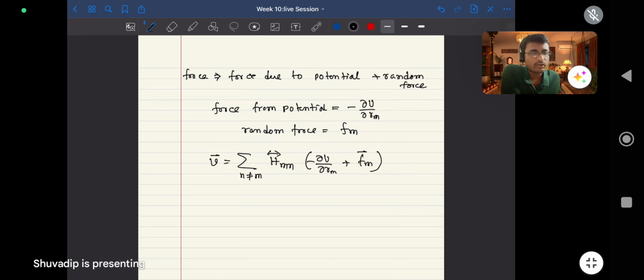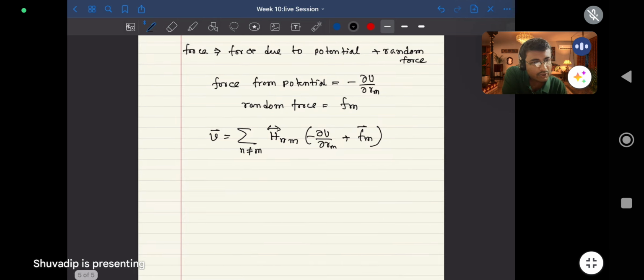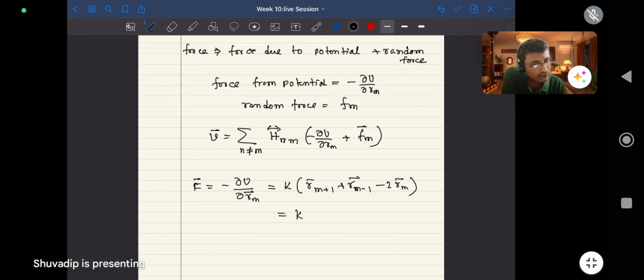So this is H_nm. Using a similar idea as we discussed in the Langevin equation part, F is given by minus del U by del R_m vector, and this will in turn give you k times r vector m plus 1 plus k times r vector m minus 1 minus 2 r_m, and if you approximate this using difference theory, this will give you del squared r by del m squared basically.